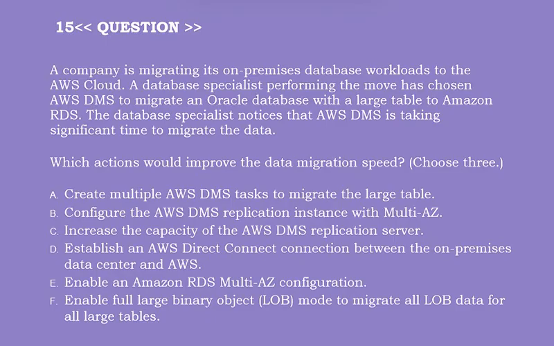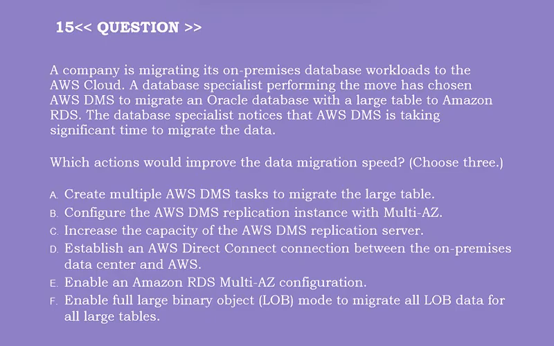Choose three options. Option A, create multiple AWS DMS tasks to migrate the large table. Option B, configure the AWS DMS replication instance with multi-agent. Option C, increase the capacity of the AWS DMS replication server.